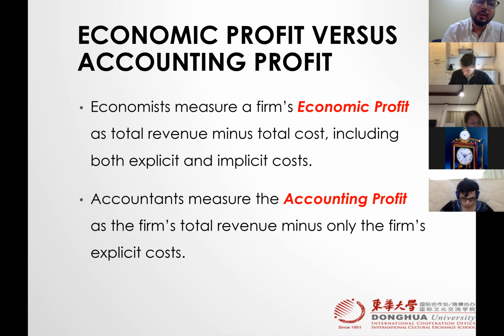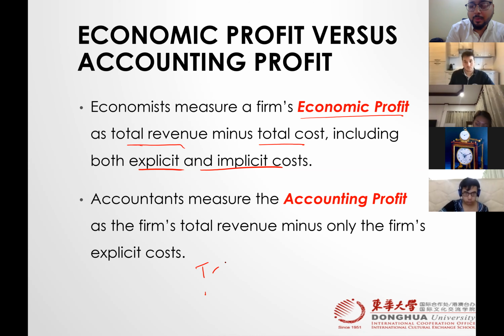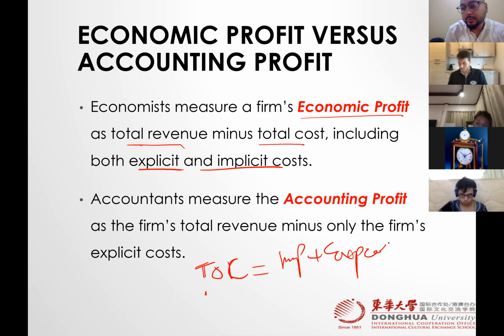So economists measure firms' profit as total revenue minus total cost. And total cost includes both explicit and implicit. So we call this total opportunity cost. Total opportunity cost is equal to implicit plus explicit cost.